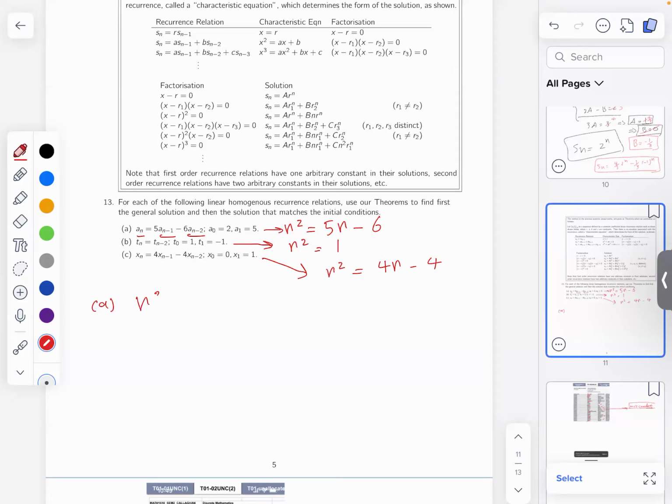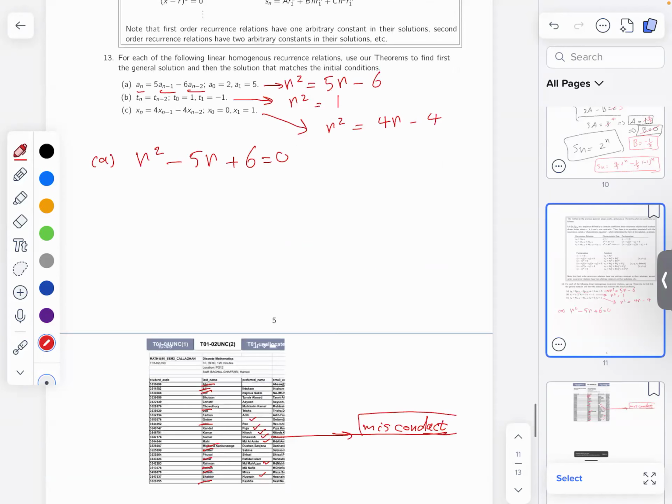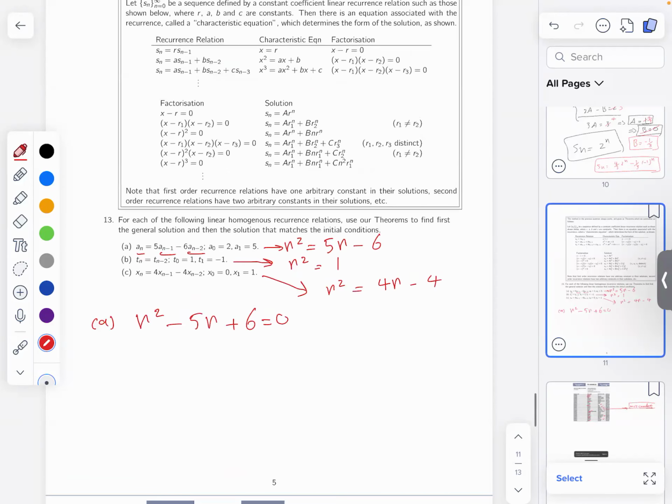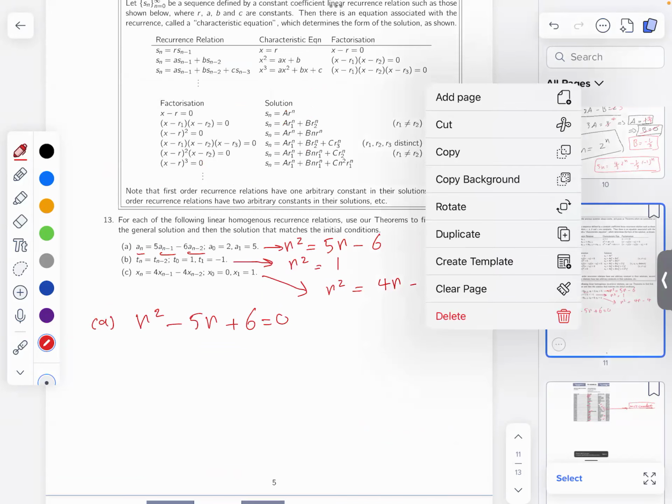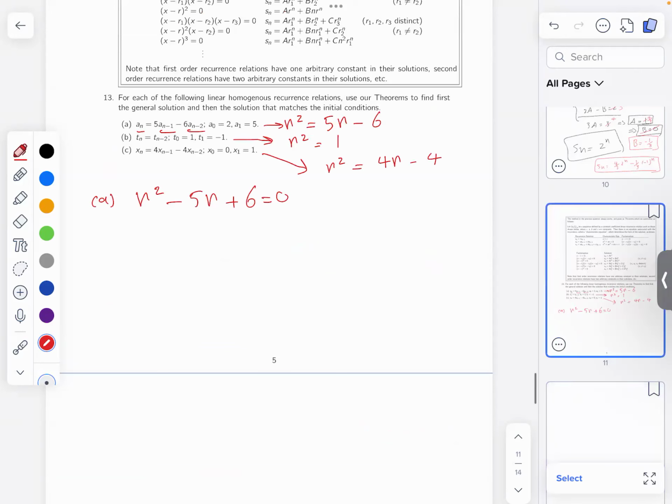It is R power 2 minus 5R plus 6 equals 0. From here, R minus 2, R minus 3.